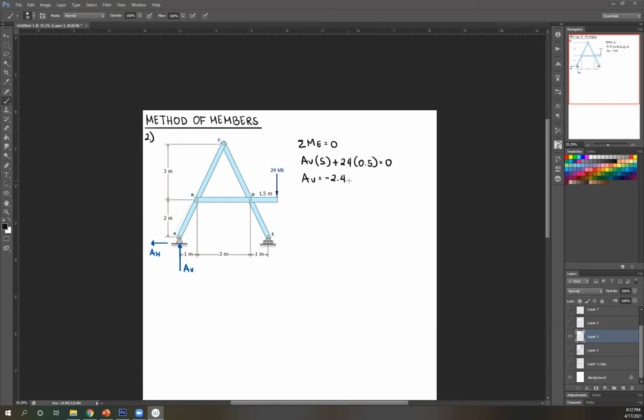So now we know this is 2.4 downward, an incorrect assumption, so this should be downward. So we can either correct that and note this is downward. But for now, let's try keeping our mistake. So I'm not going to change that. Right. So now that I have that, what's the next step?